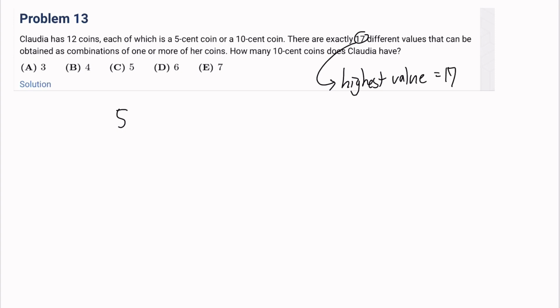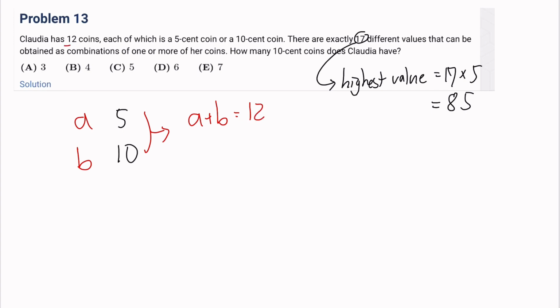is 17 times 5. 17 times 5 is 85, right? And so let's say Claudia has A 5-cent coins and B 10-cent coins. And then that would give us A plus B equals 12, because she has 12 coins in total, and 5A plus 10B would equal 85, because if 85 is the highest value, that means Claudia combined all of her coins to get that value, right?